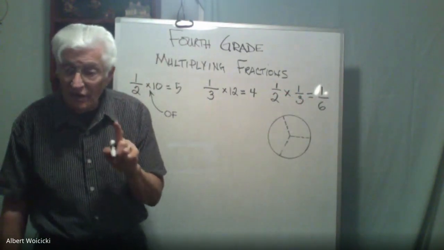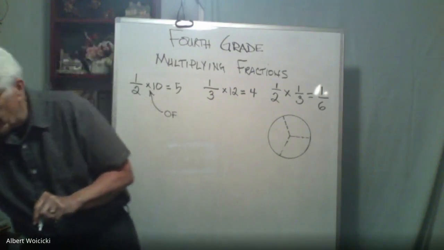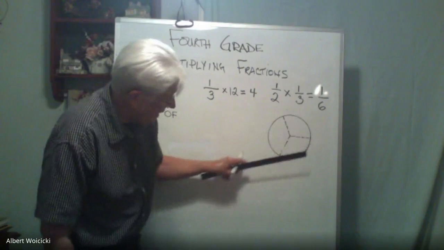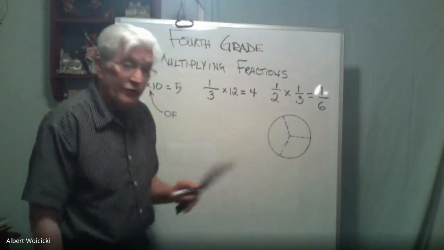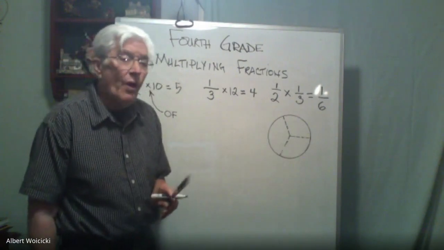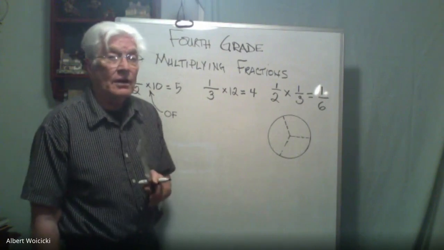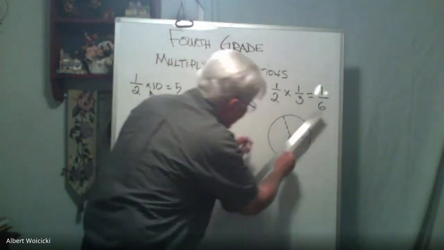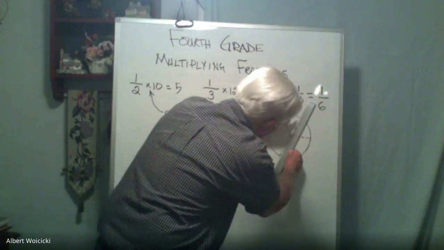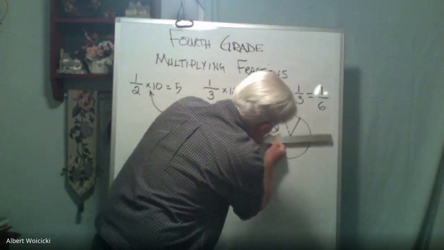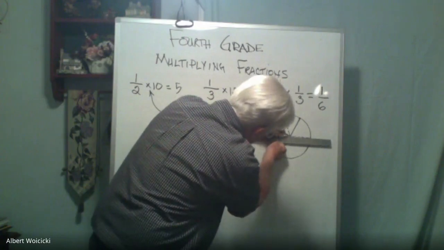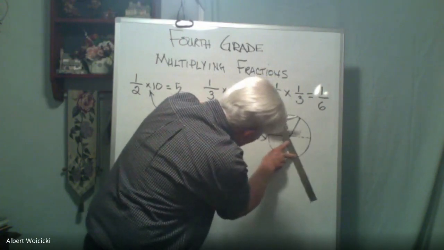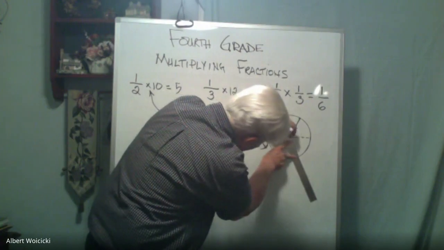But let's take a look at this in a picture. Okay? I've drawn a circle here. And I've broken it up into thirds. But now I want to know what 1/2 of 1/3 is. And so I can go over to the board and I can draw the half marks of those spaces.